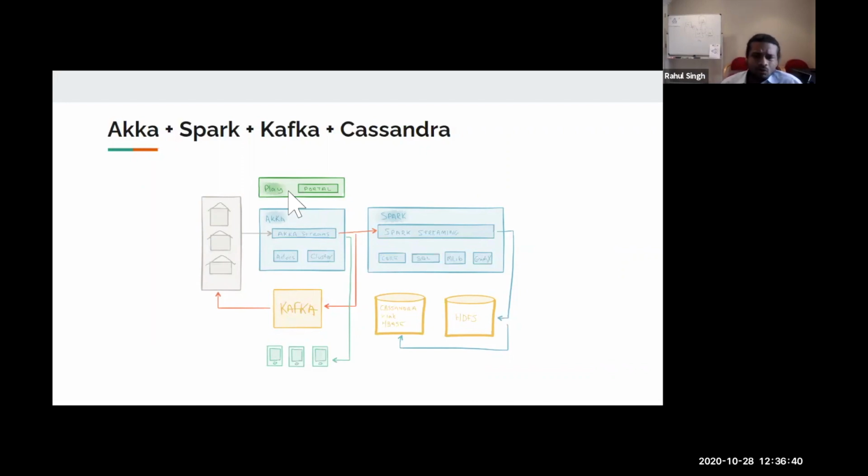And all an Akka system or an actor-based system does is a process comes up, it takes a message, not like a Kafka message, just any event, processes it, and sends it to somebody else. So it allows people to build very, very scalable systems. So if you have millions of these processes running, and these millions of processes have to save data somewhere or retrieve data from somewhere, they need a scalable system like Cassandra.